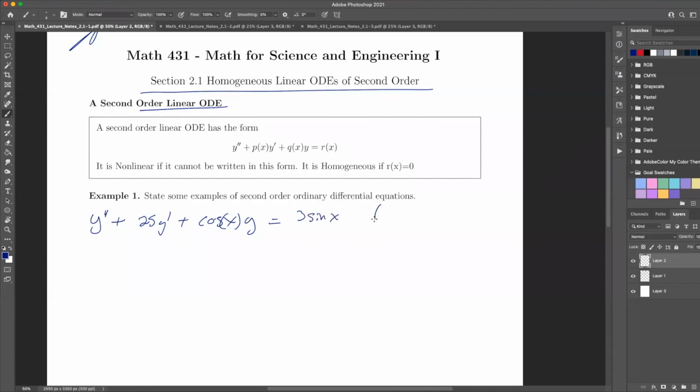And this is linear, because here 25 is a function of x, cosine of x is a function of x, and this is a function of x. And so this is linear. In this case, it's non-homogeneous. So it's linear, it's non-homogeneous, and it is second order.